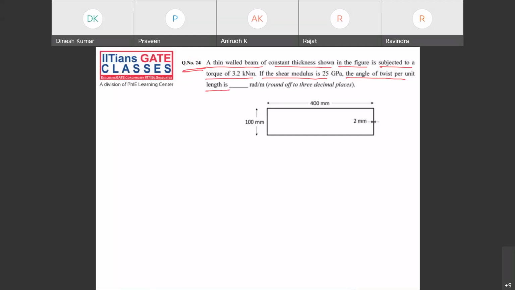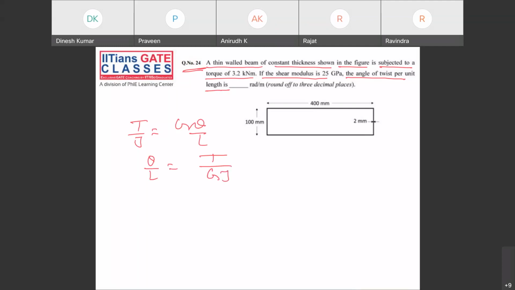So guys, you can use the simple torsional formula here, considering the torsional constant, or we already know the angle of twist per unit length for thin wall. We know T by J equals G theta by L. So twist per unit length, theta by L, is T by GJ.